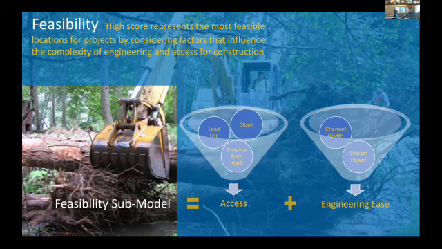So the feasibility model actually has two submodels, access and engineering ease: channel width and stream power. For engineering ease, access is the slope. Land use again is scored by our local group on whether they're doing outreach. So you'll see next slide.